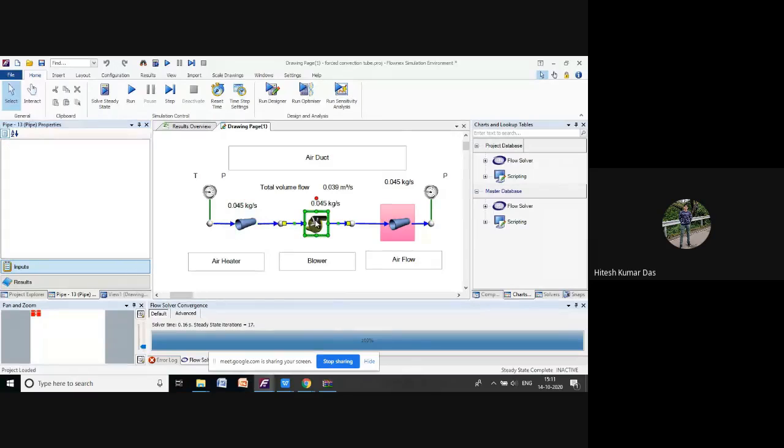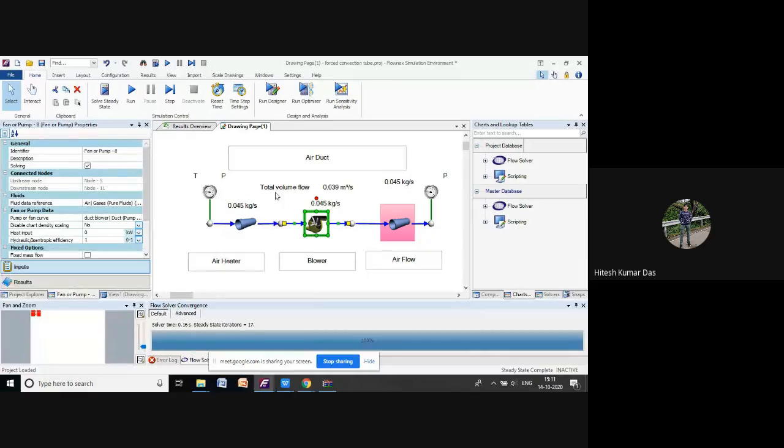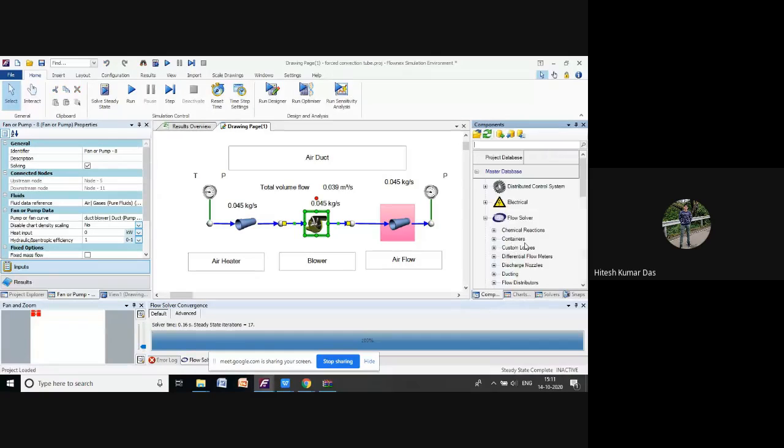Next, we'll go for our blower, which is helping in our forced convection. For this blower we have taken the fan and pump from the component library. Here you can see all the components.